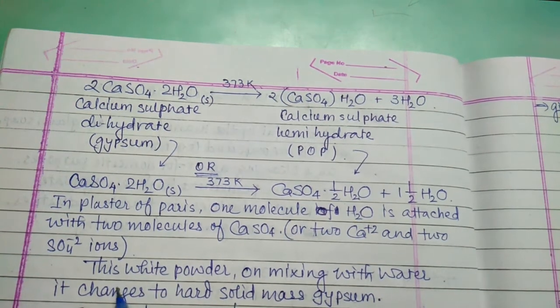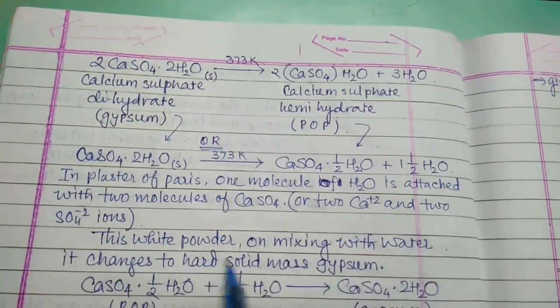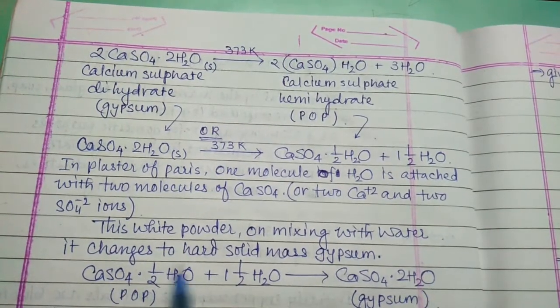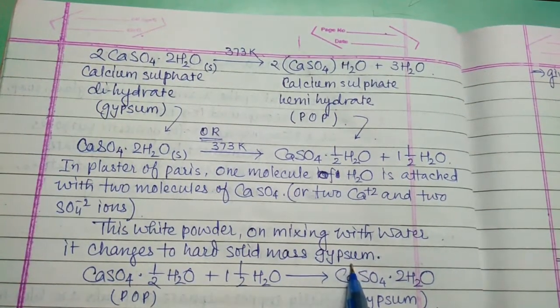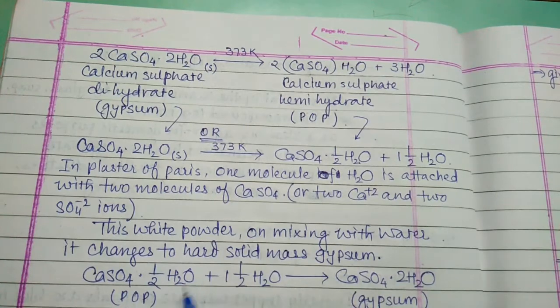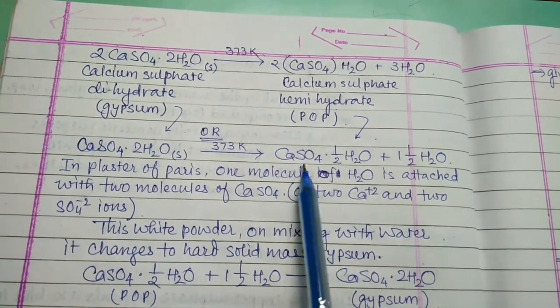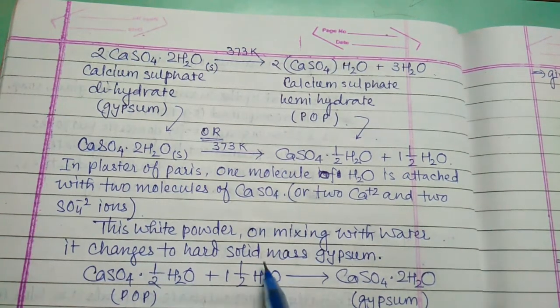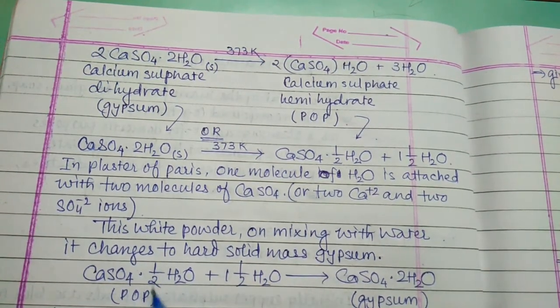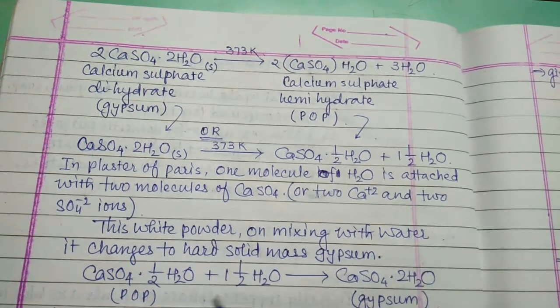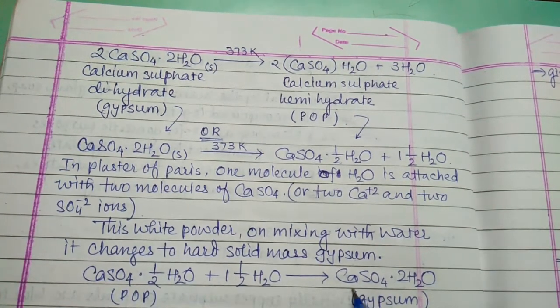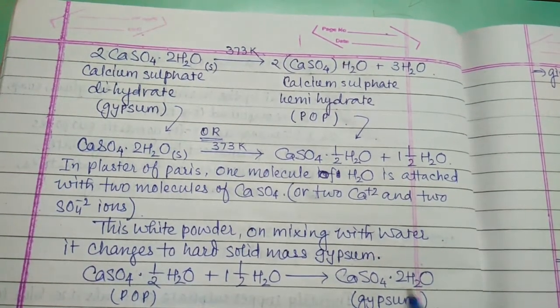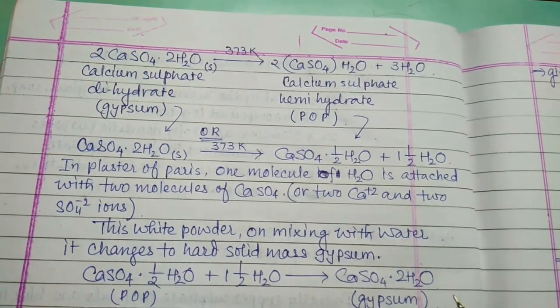This white powder, on mixing with water, changes to a hard solid mass, gypsum. If we add some water to POP, it changes again to a hard solid mass: CaSO4 half H2O regains 1 and a half H2O, forming gypsum again, which is a hard substance.